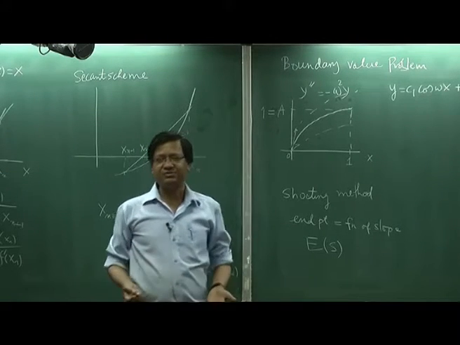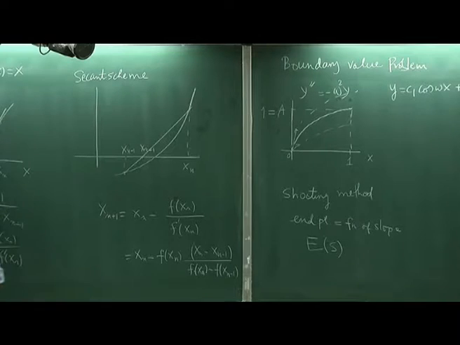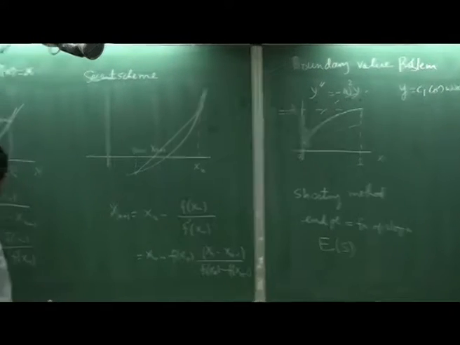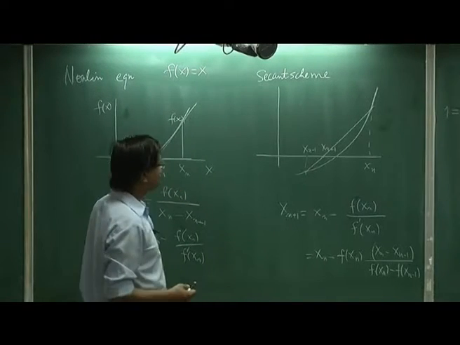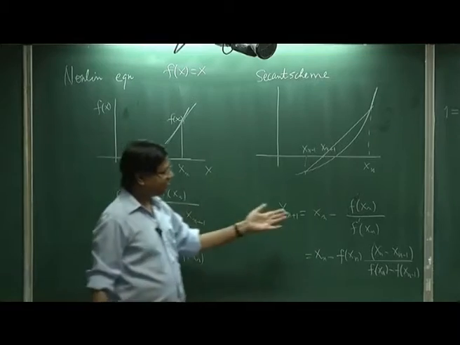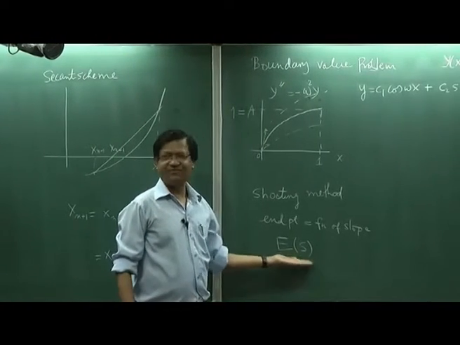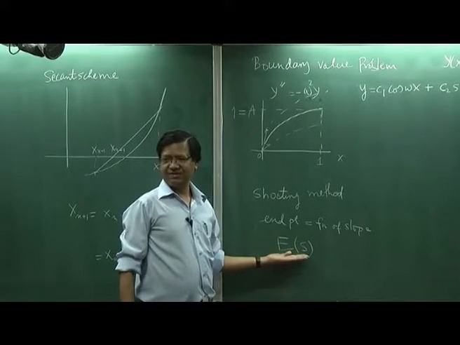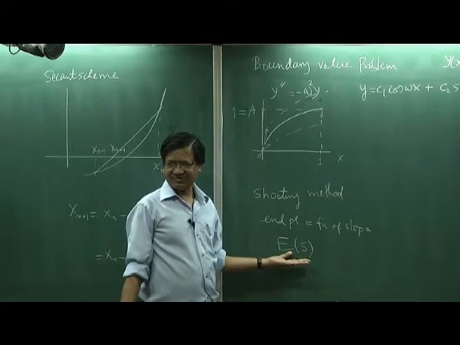Is that clear? It is very simple actually. What scheme should I use? Newton method is not good, because I can't compute the derivative. This is a function, but I can't compute its derivative.